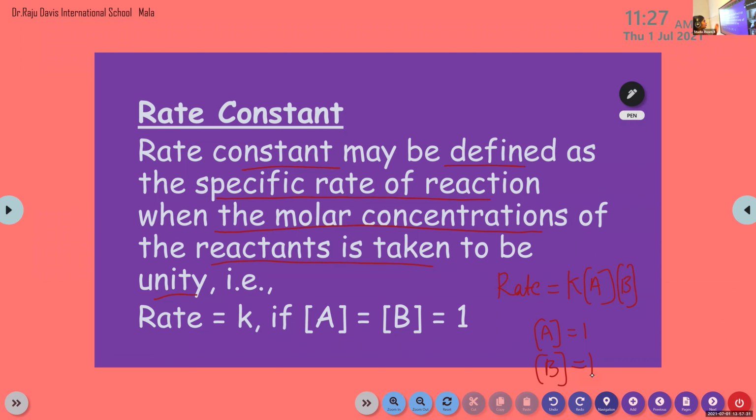Rate constant may be defined as the specific rate of reaction when the molar concentrations of the reactants are taken to be unity. When the concentration of A and B is equal to 1, unity means 1, the rate is equal to this rate constant. Or otherwise, rate constant is equal to the specific rate of the reaction.